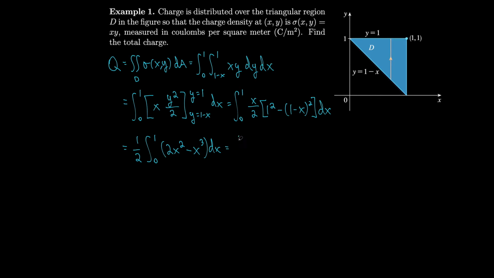That becomes one half of 2x cubed over 3 minus x to the 4th over 4, evaluated from 0 to 1. We do our antiderivative, and we get 5 over 24 coulombs.